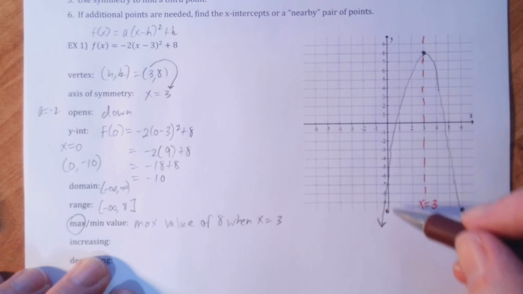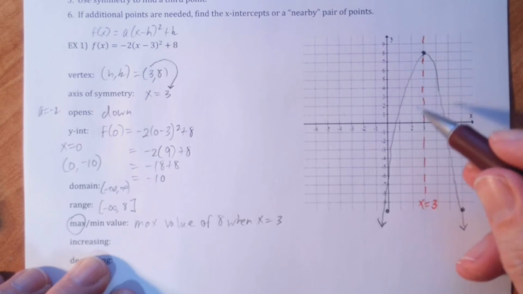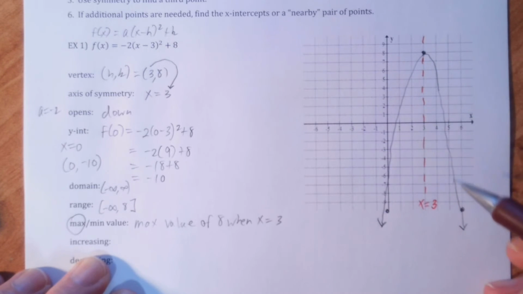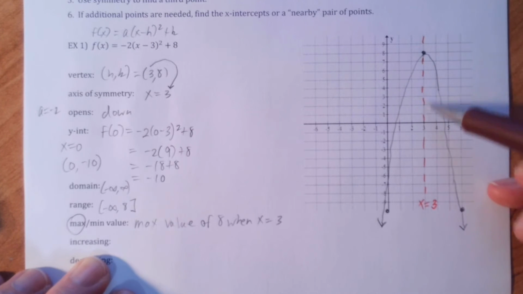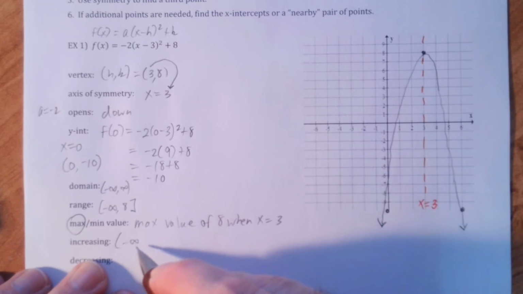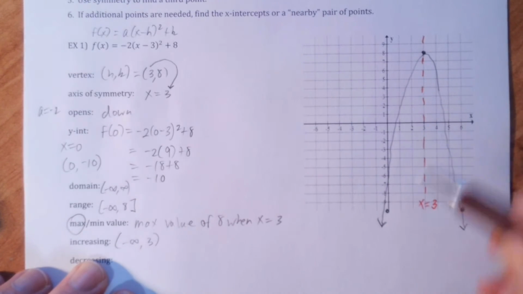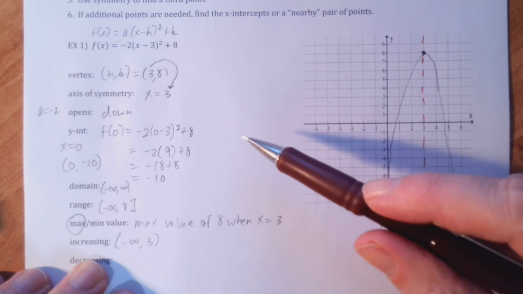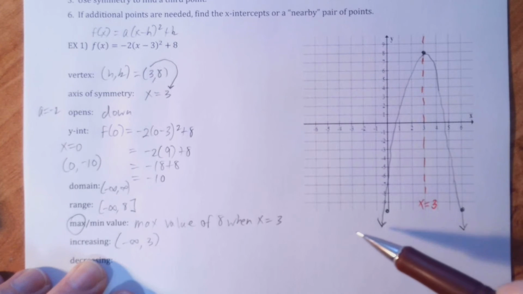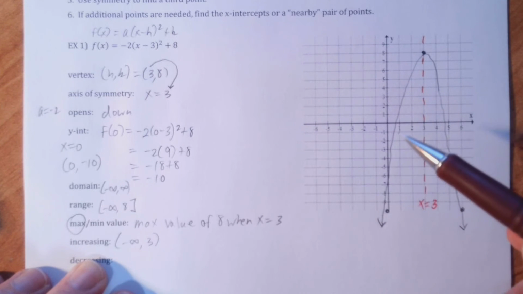Let's see, notice the function is increasing, going from left to right. It's increasing, and down here it's decreasing from left to right. Notice the turning point is when x is 3. So when x goes from -infinity until we get to 3, this function's increasing. So starting in negative infinity territory, as x gets closer and closer to 3, notice it keeps increasing.